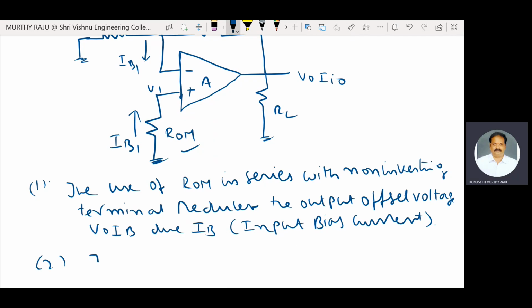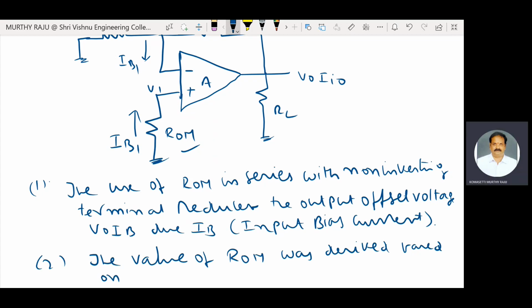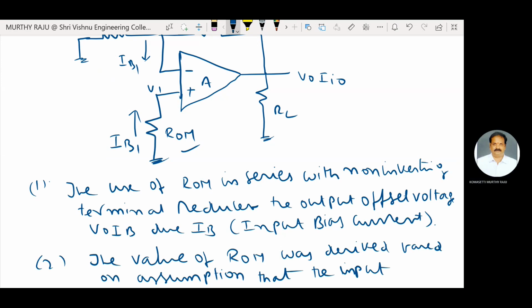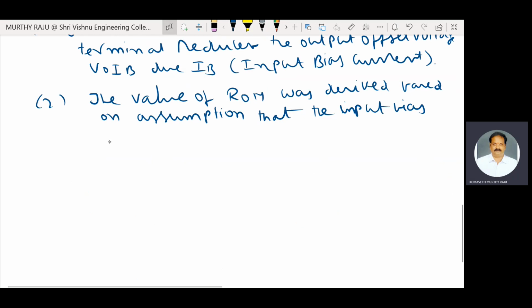Second important point is that the value of ROM was derived based on the assumption that the input bias currents IB1 and IB2 are equal.